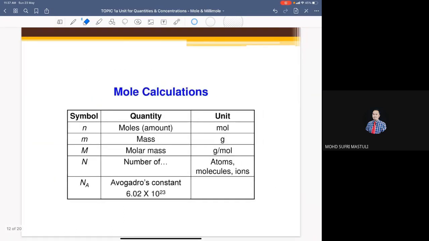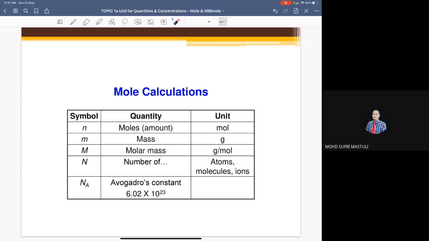This table is nothing much. It just shows you several sample quantities and units. For moles, the number of moles, the amount of substance, the symbol is n, in the unit mole. The mass is normally in gram, symbol m. Molar mass, capital M, is in gram per mole.